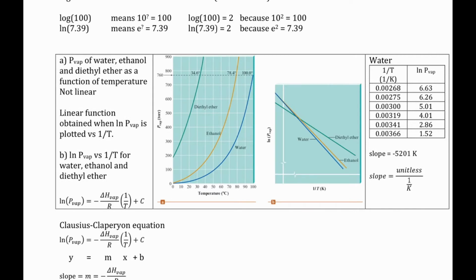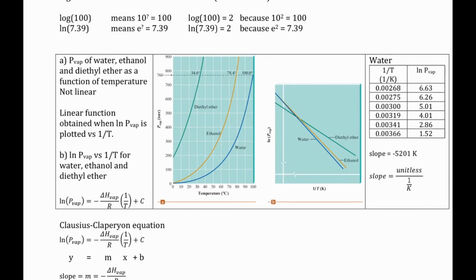So in our graph on the left side, where we have water, ethanol, and diethyl ether, we have vapor pressure in torr versus temperature. So we're seeing the vapor pressure graphs for those three different compounds.